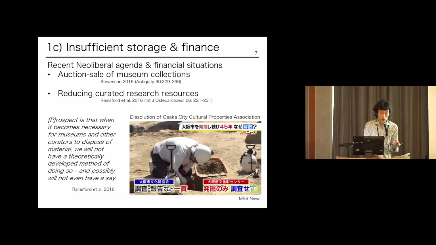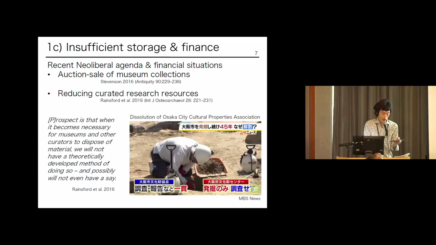The recent financial situation surrounding museums is harsh, as you know, with some museums auctioning off their collections to private collectors. To secure space for new collections, some museums take shocking measures, such as reducing existing specimens or selectively accepting only a portion of new specimens.